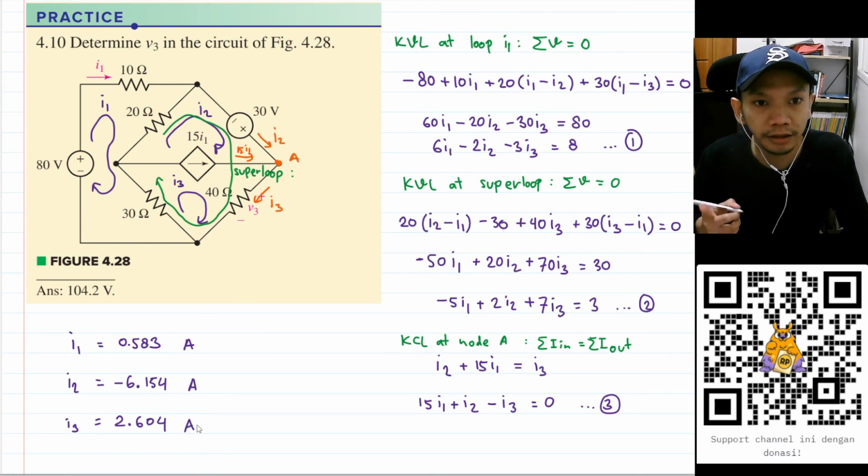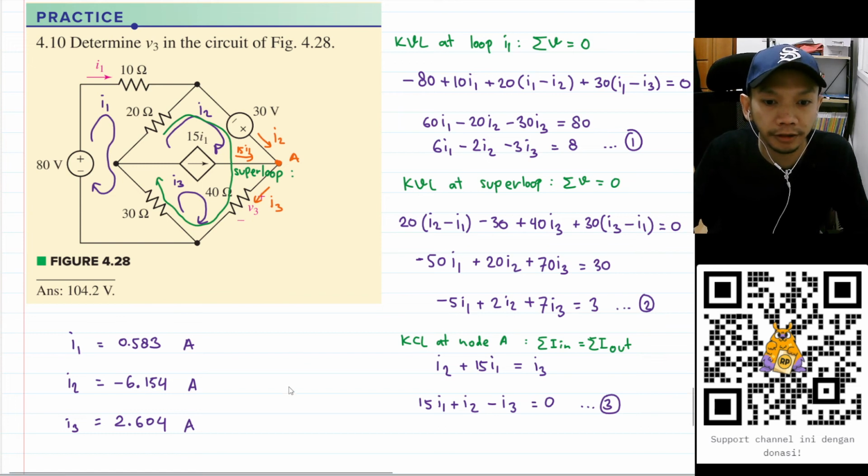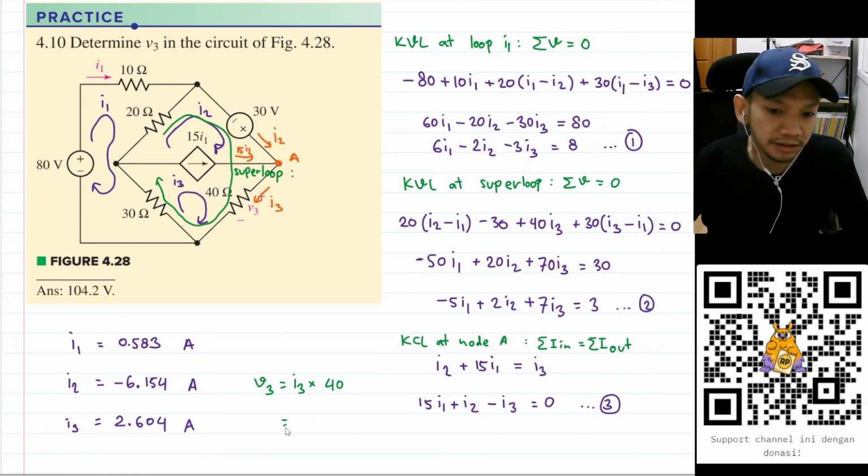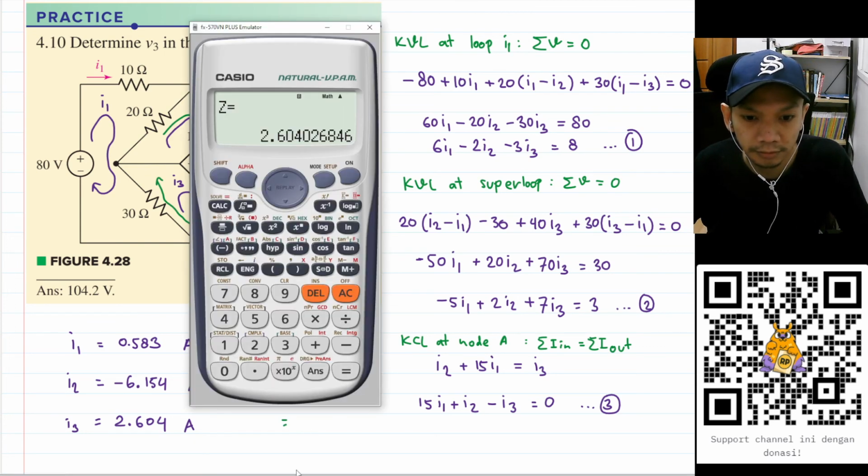Then we are asked to find V3. What is V3? V3 is just I3 multiplied by this resistance, because of Ohm's law. So multiplied by 40.